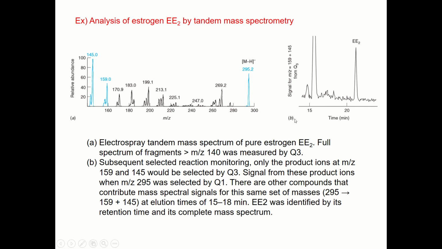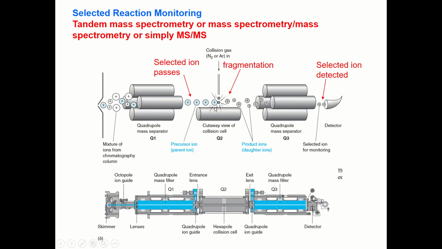Well, anyway, tandem mass spectrometry is a very powerful technique for detecting extremely low concentrations and small amounts of samples.